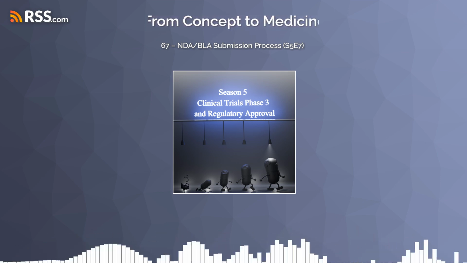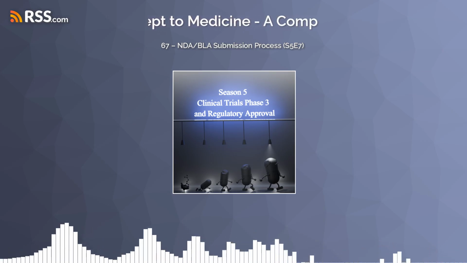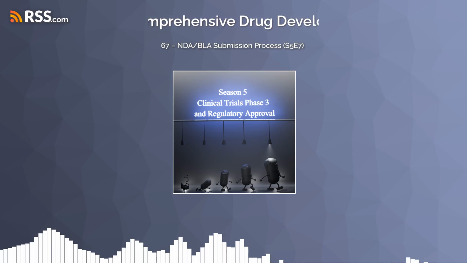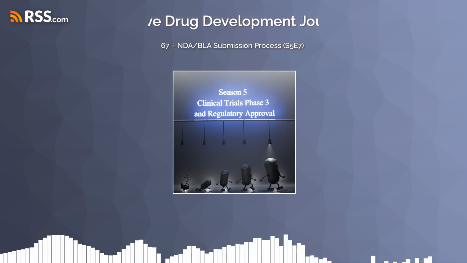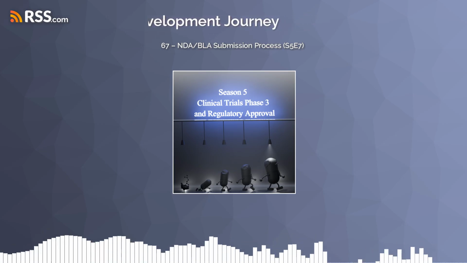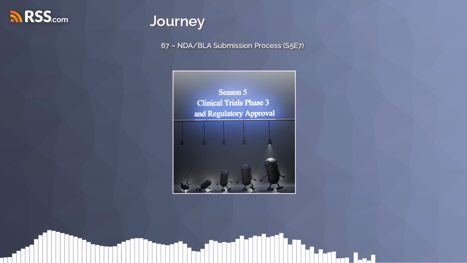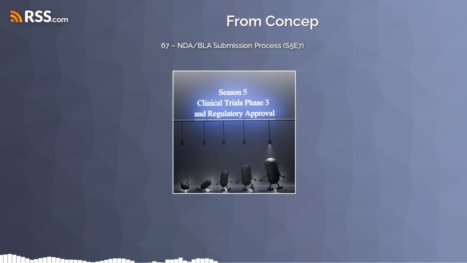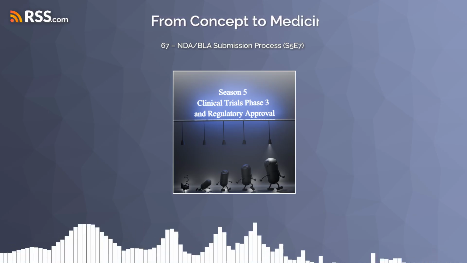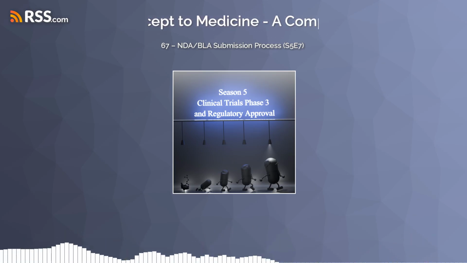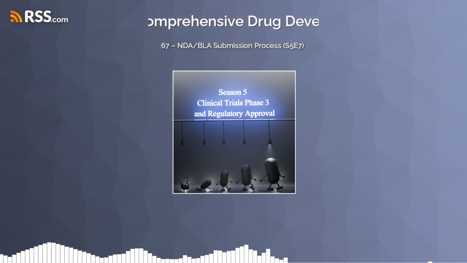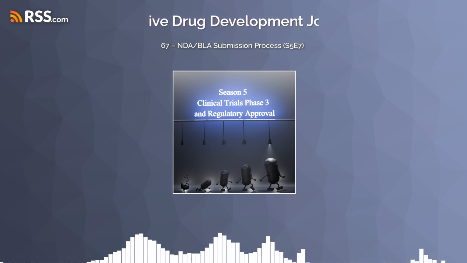Then you have the whole development of the manufacturing process. How are you going to reliably and safely produce this drug or biologic on a commercial scale? You have to be able to make a lot of it. And then the clinical trials, which are huge, especially those phase 3 trials. Those pivotal trials are where you're putting this drug or biologic to the test in real people, with hundreds or thousands of patients.